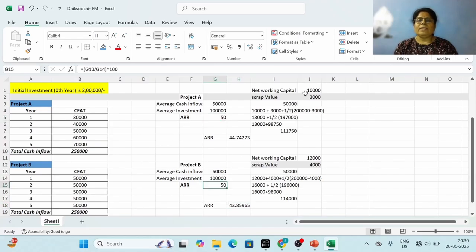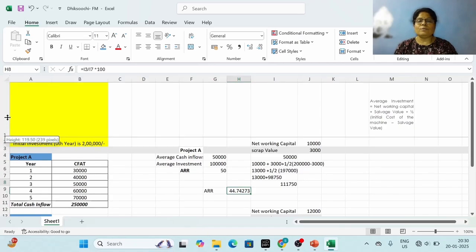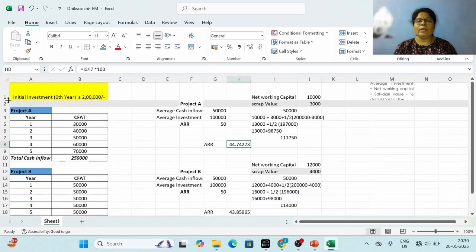Now, in the earlier case, both projects' ARR was the same. But in the second case, when the net working capital and scrap value are given, the ARR of project A is 44.74, and for project B, 43.85. Now, which project should be accepted? Whichever has the higher ARR is going to be invested.